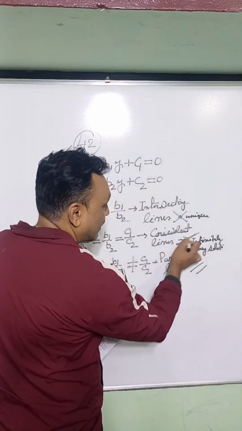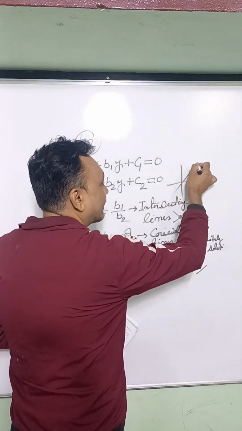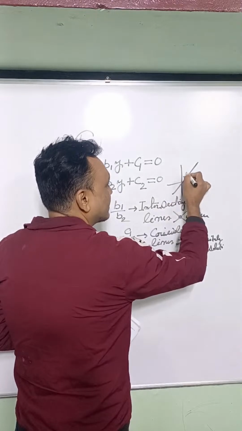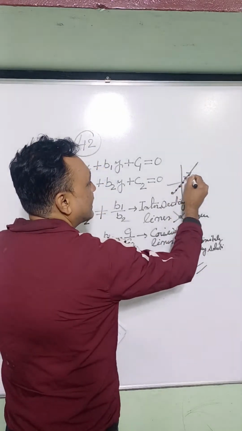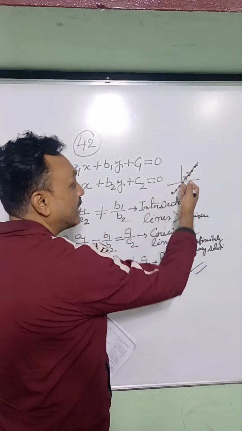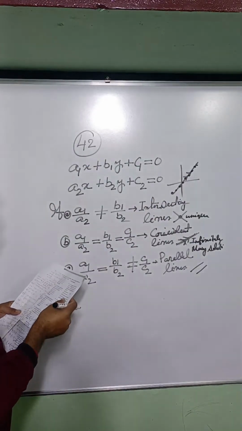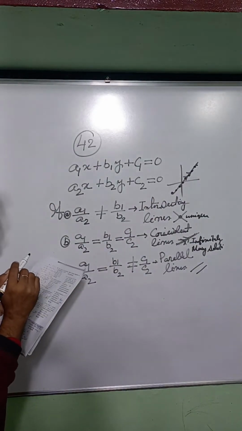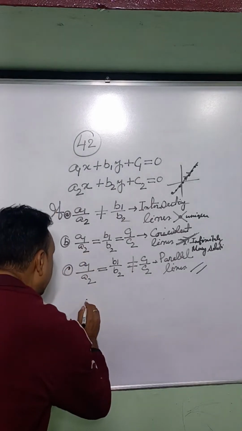One graph is here and another graph is over there. So there will be many solutions because they intersect at infinitely many points. If there is a solution, it is consistent dependent. So the answer is C.